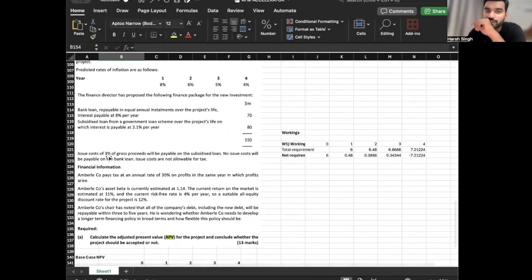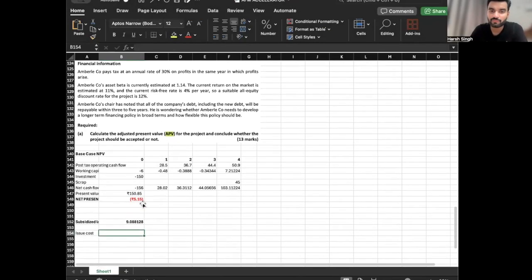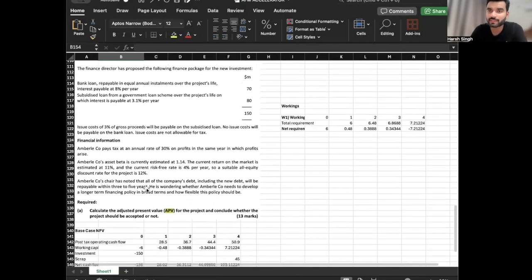Issue cost of 3% of gross proceeds will be payable on the subsidized loan. No issue cost will be payable on the bank loan. Issue costs are not allowable for tax. So we don't have to consider any tax benefit, everyone. There will be just one issue cost, which will be for the subsidized loan.